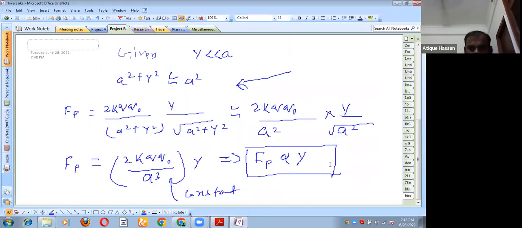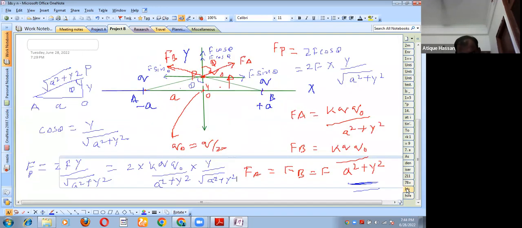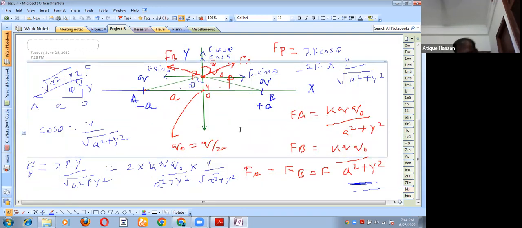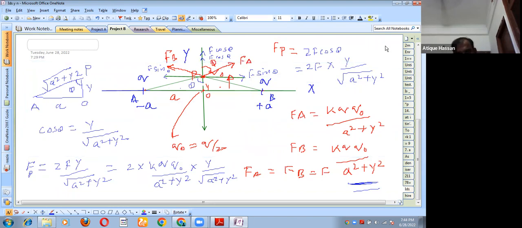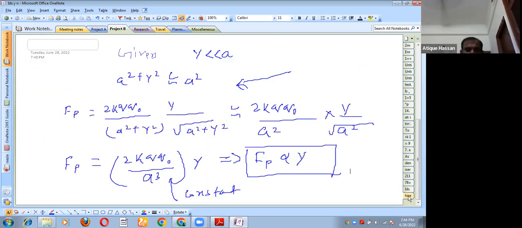Do you know, if the charge could have been negative, it would have come proportional to minus y. You know, if here you can see the charge Q naught is actually positive. So obviously force is towards the y-axis since force is repulsive. If charge Q naught had been negative, then in that case force should have been proportional to minus y. It would be attractive. Getting my point? If charge Q naught is negative, then force will be proportional to minus y.